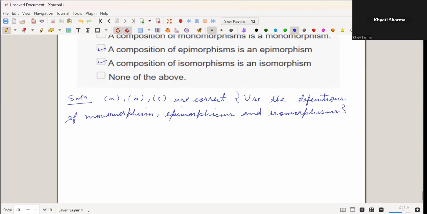Okay, so I will move to question number 12. We have just 10-15 minutes more, so I will try to finish this assignment today itself so that we can start assignment number 8 in the next session.